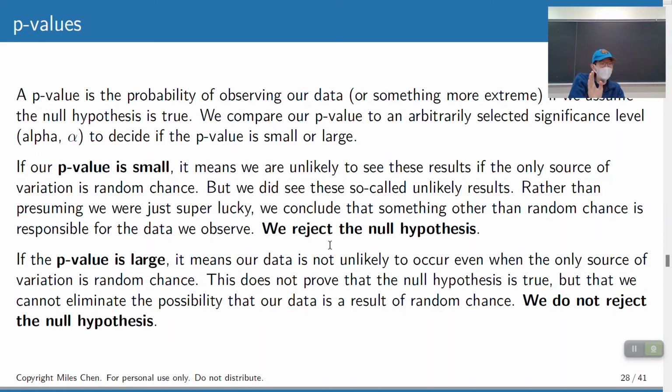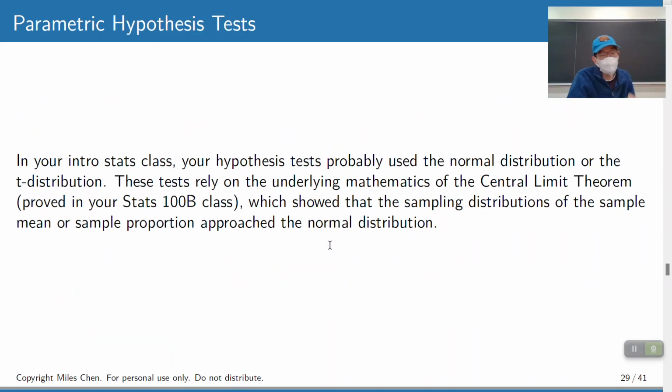It's just we're saying we could get this data from random chance, and we're not ready to eliminate that possibility that it was the result of random chance. Okay? It could be that cheating is going on. It's just not enough to really cause suspicion here.